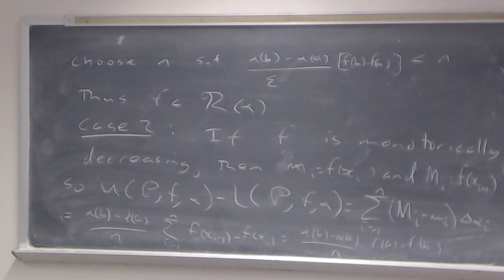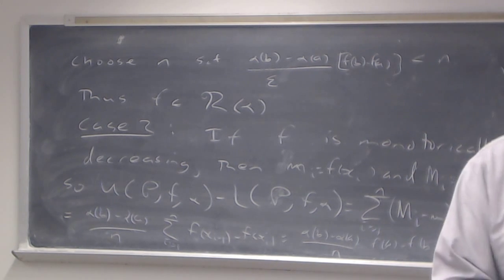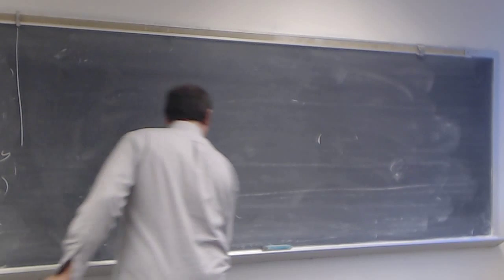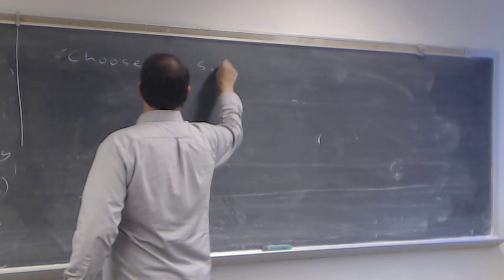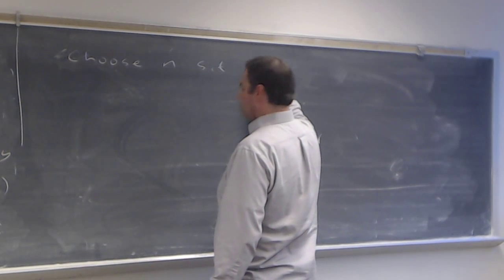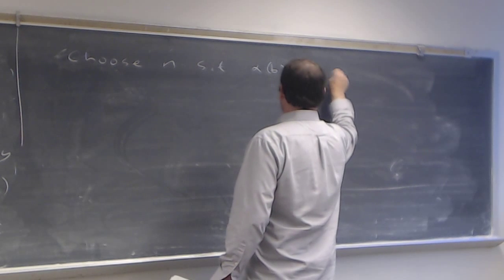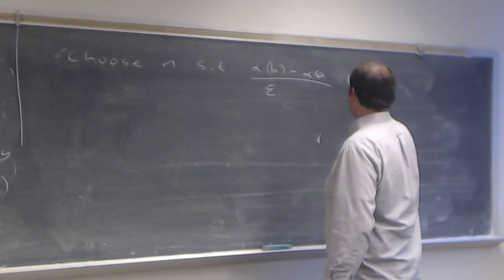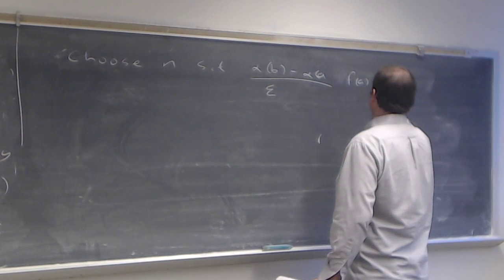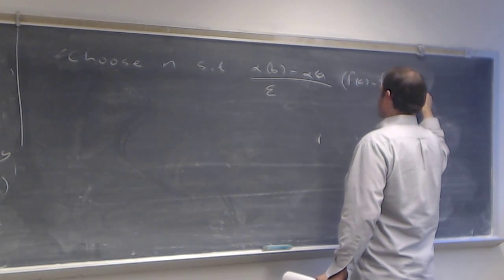So what we do is we choose n such that we have alpha sub b minus alpha sub a all over epsilon times f of a minus f of b, that quantity, is less than n.